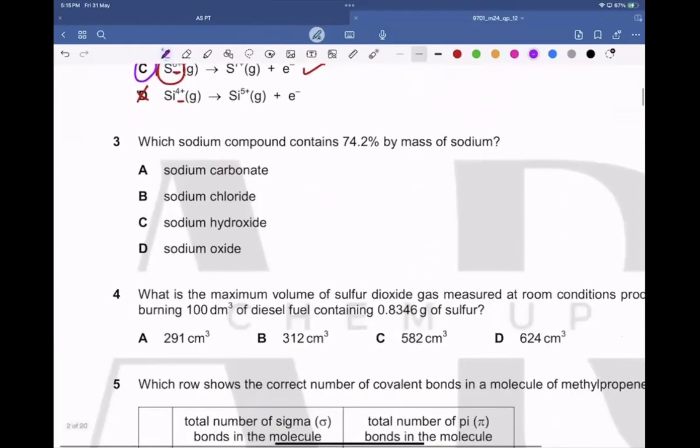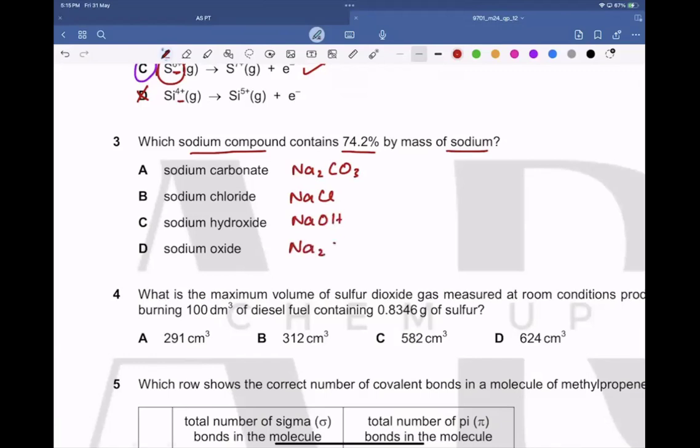Okay. Now question number 3. Which sodium compound contains 74.2% of sodium? Okay, sodium carbonate has a formula of Na2CO3. Sodium chloride is NaCl. Sodium hydroxide is NaOH. And sodium oxide is Na2O.